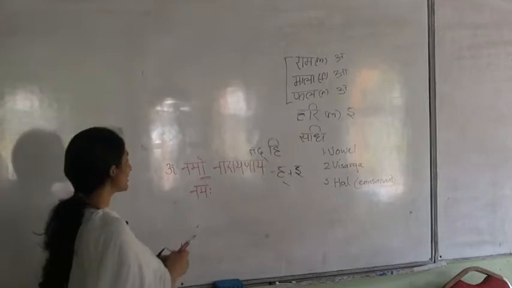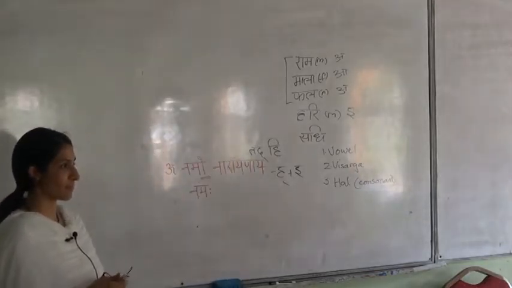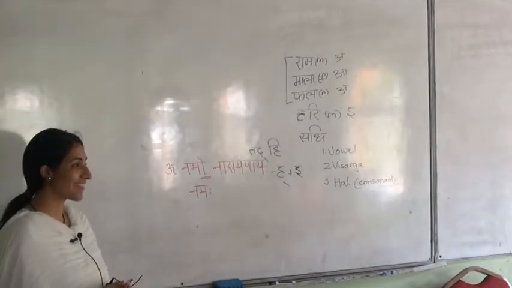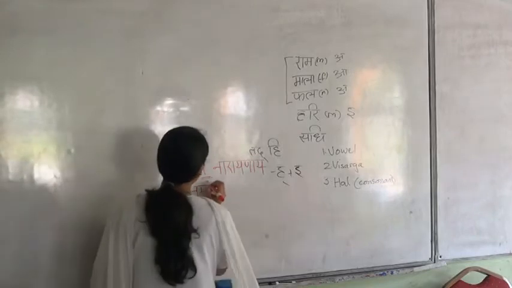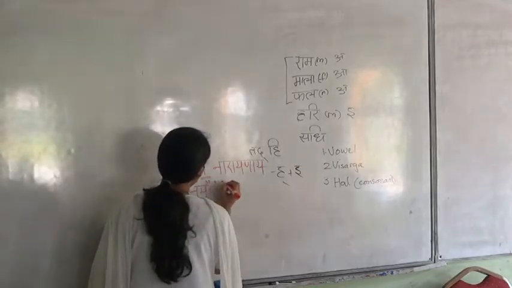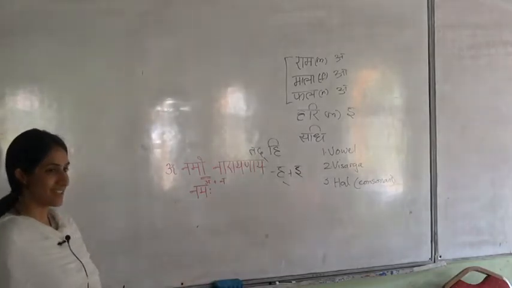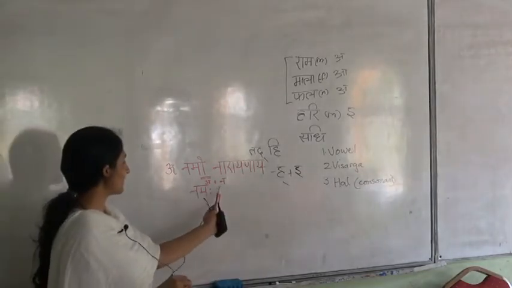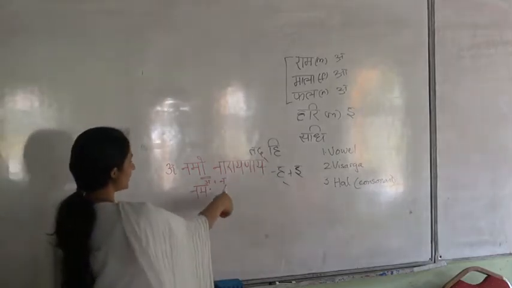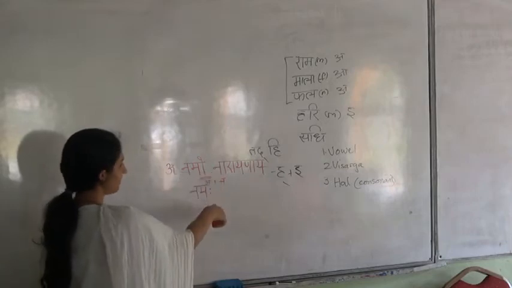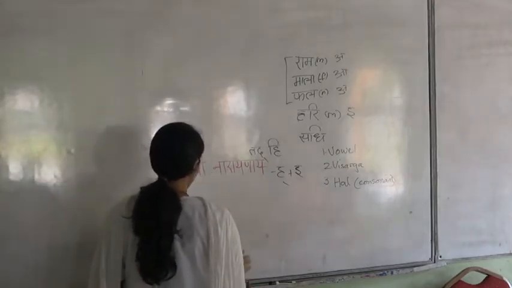So what's the rule over here? Is it an a meeting an na? Right? An a meeting a soft consonant. So if you have a preceding a and a soft consonant, the rule is that the Visarga changes to O, right? Okay, what would this become?